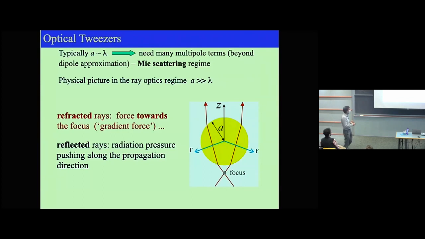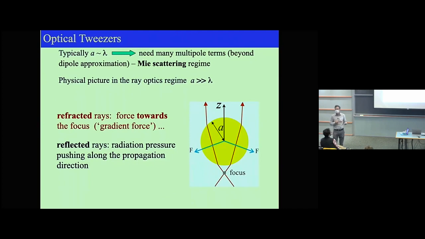Because reflection in this simple ray optics picture leads to radiation pressure that is going to push instead of trap, so I need a lot of refraction and the least amount of reflection. Refracted rays will pull the particle towards the focus, but reflected rays will just push the particle away.